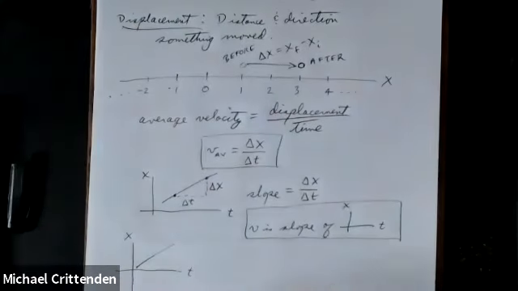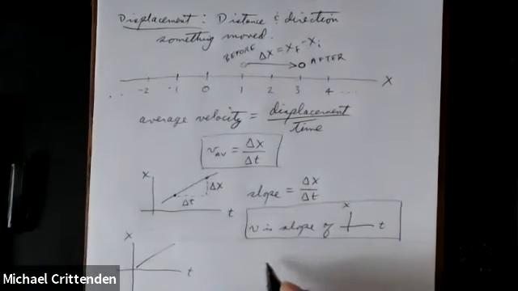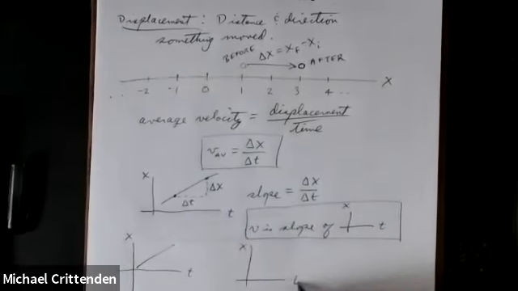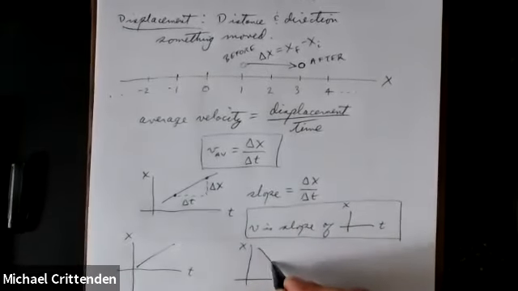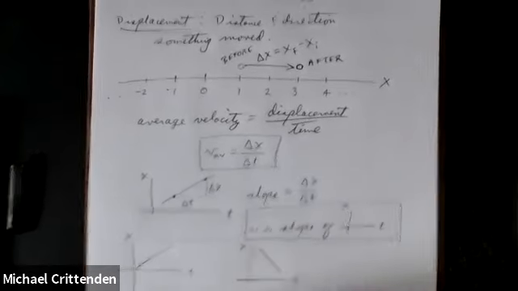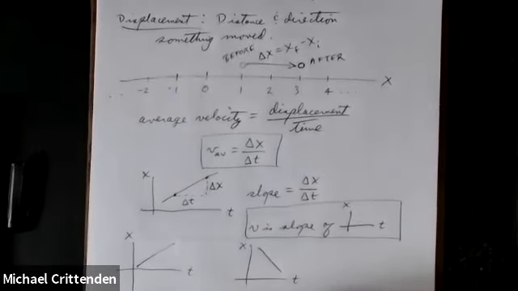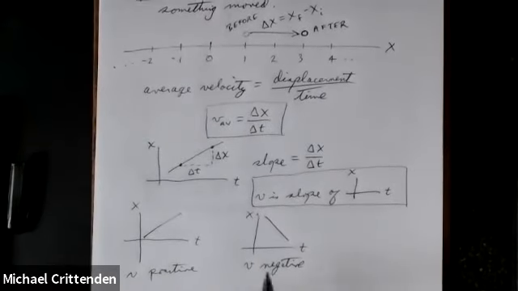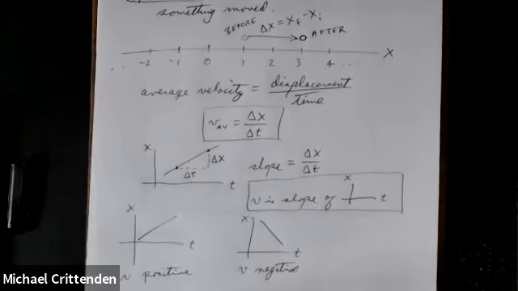Okay, for contrast, if you've got a line like that, the velocity is negative. A downhill line has a negative slope.